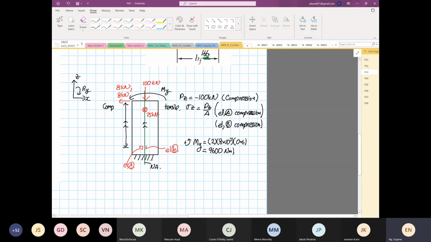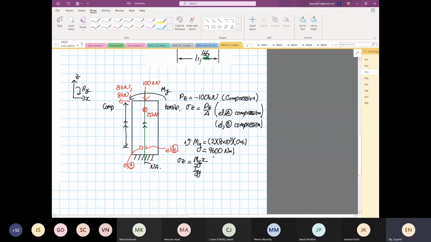Moment about y, the head of the arrow is compression, the tail end is tension. So from here we know that stress in the z direction is equal to My. Now it's important to be very sure about your formulas, like what I taught you. Bending moment is My divided by Iyy multiplied by x, the x distance.